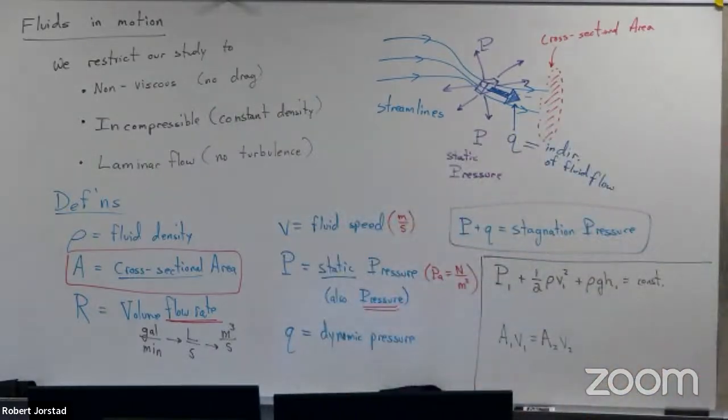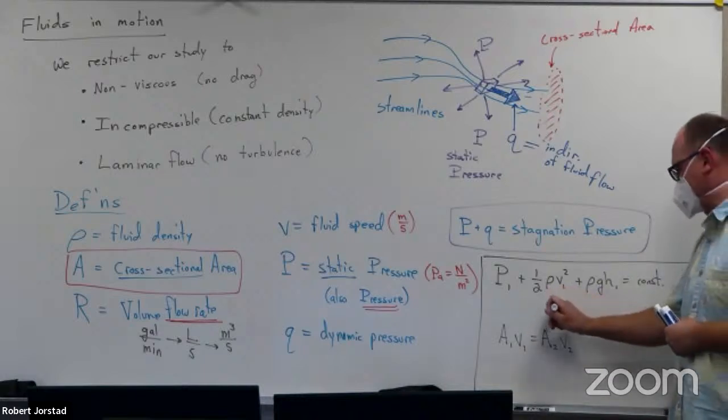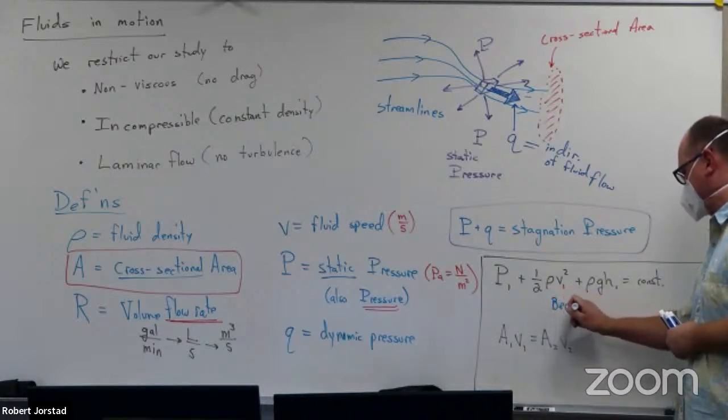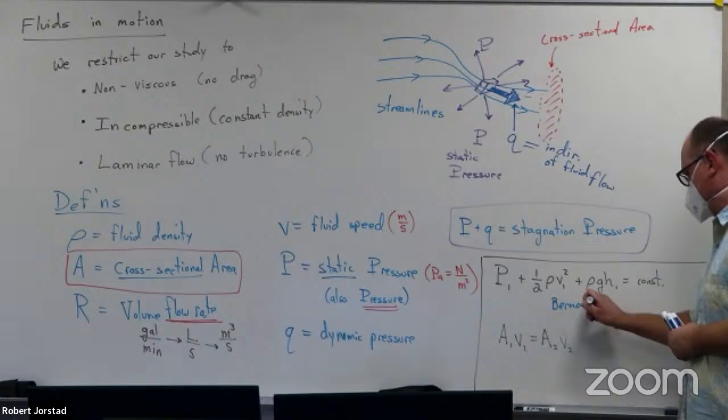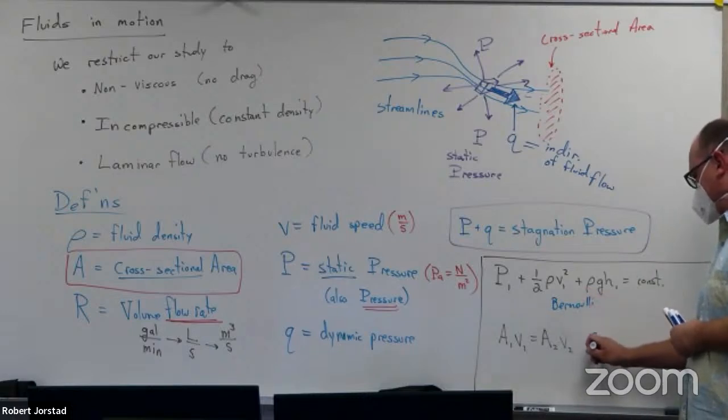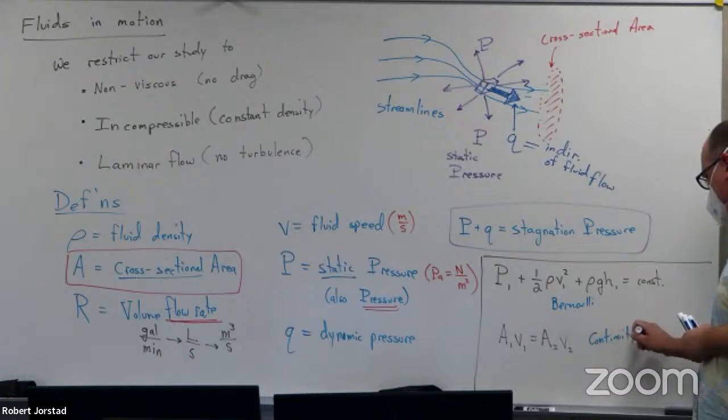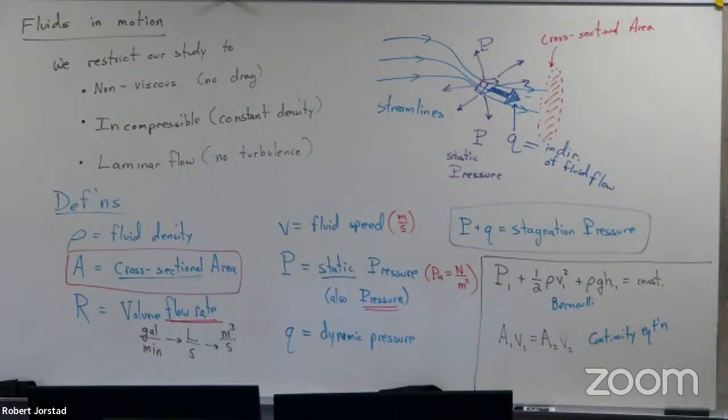So we have these two equations. This upper one is called the Bernoulli equation. And this other one is called the continuity equation. And we are going to use these a lot. In particular, these are great for closed systems.